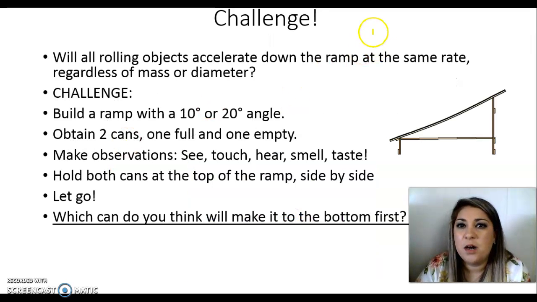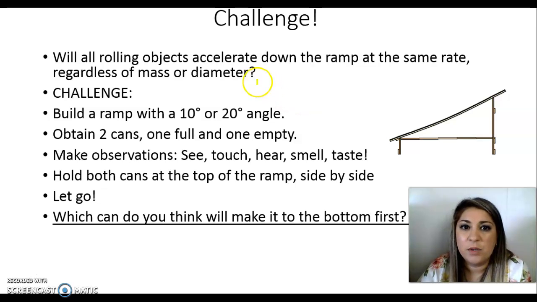Alright, so now I would like to challenge you guys. I want you to think about this question for just a moment. Will all rolling objects accelerate down the ramp at the same rate, regardless of mass or diameter? Remember that diameter, whenever we have a circle, is from one edge to the other, okay?